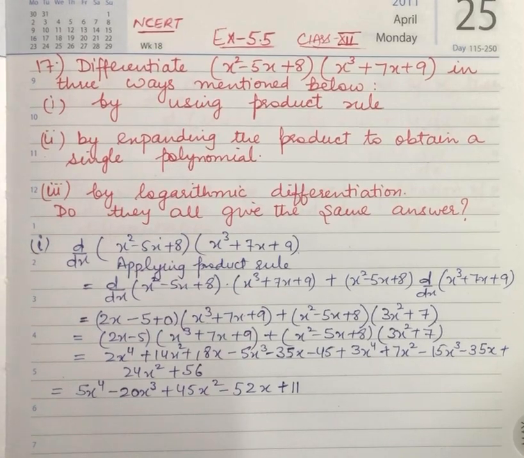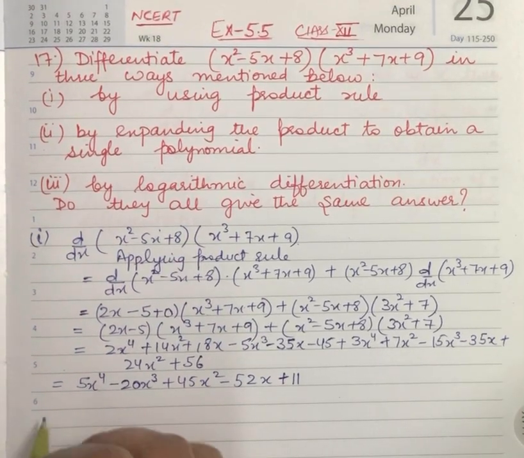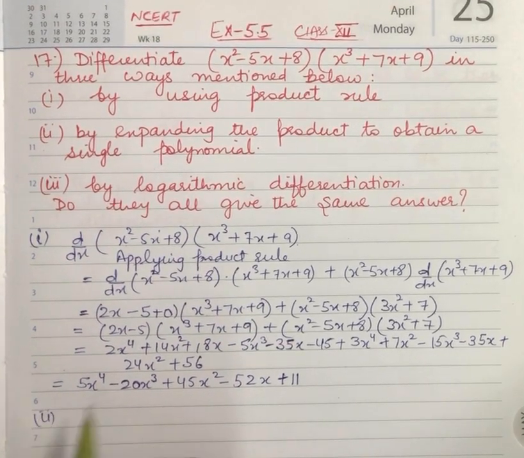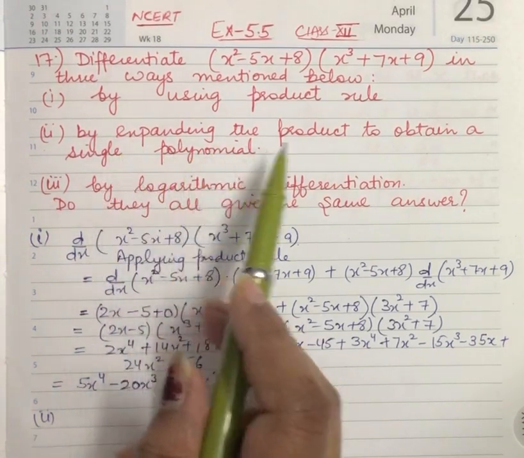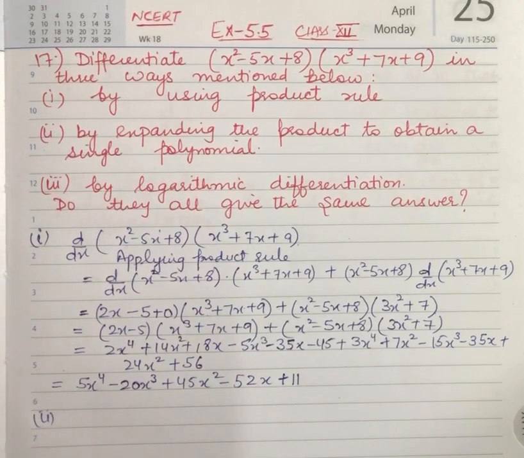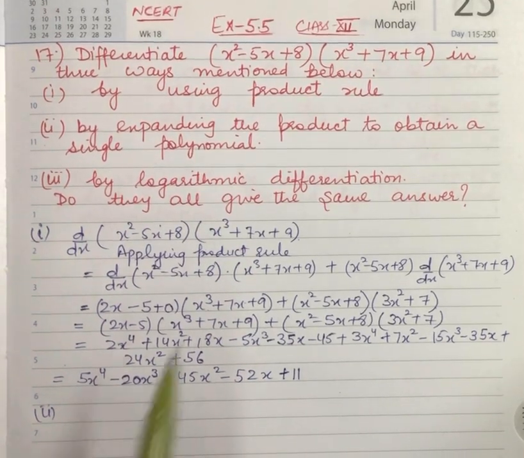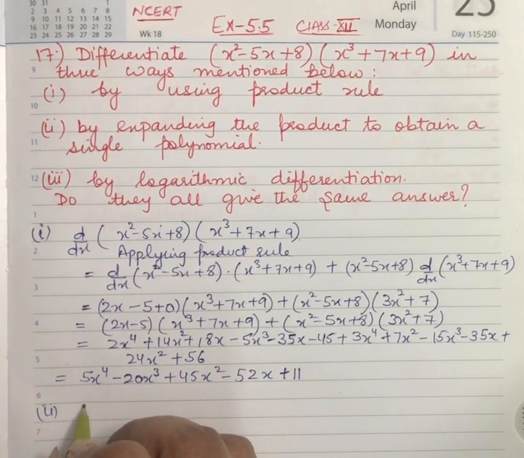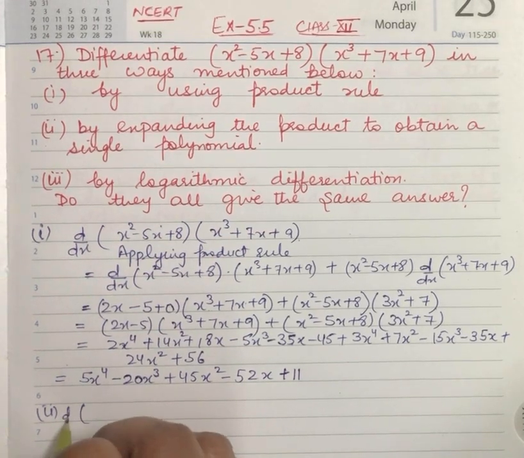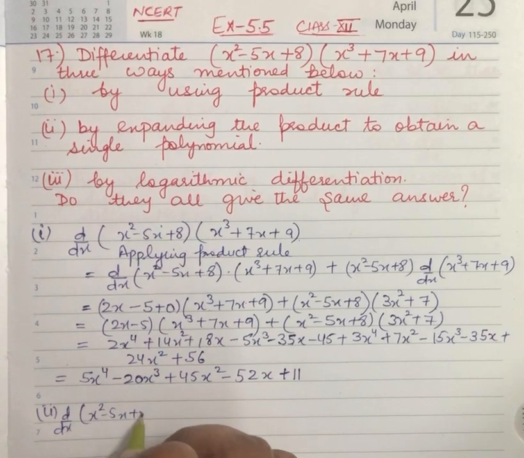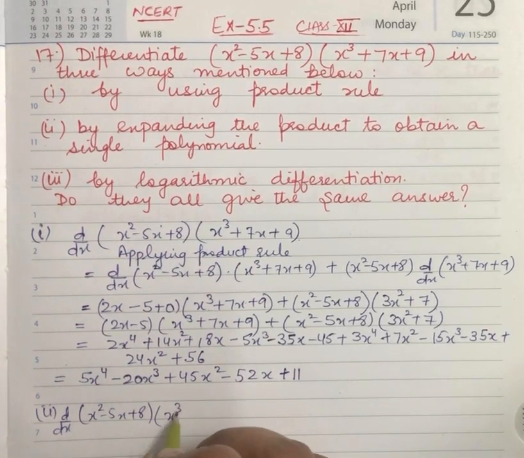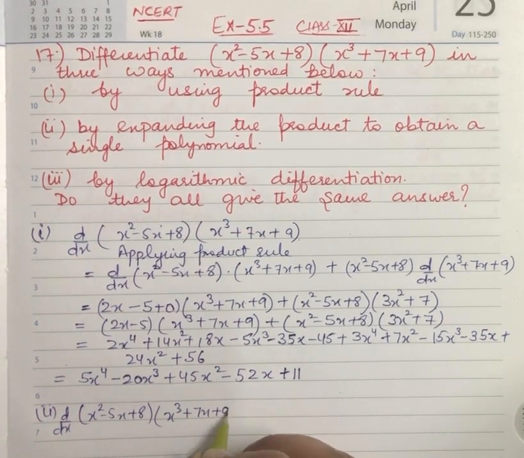Now in the second part we have to expand, that is, expand the product to obtain a single polynomial. So first of all we multiply it. So d by dx of x square minus 5x plus 8 and x cube plus 7x plus 9.